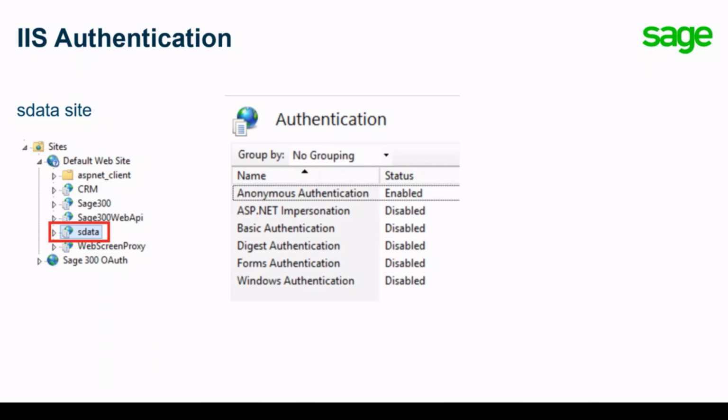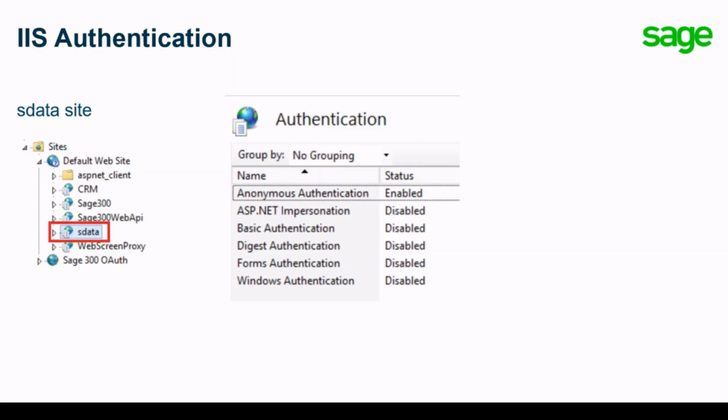Now, for SData, we should only have anonymous authentication enabled. And when you look at the options for anonymous authentication, it can either go with application pool identity or specific user. We normally recommend to go with specific user and then use a user like a domain service account.